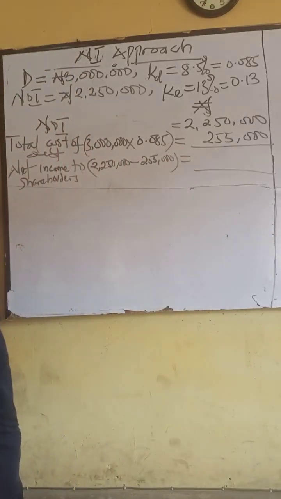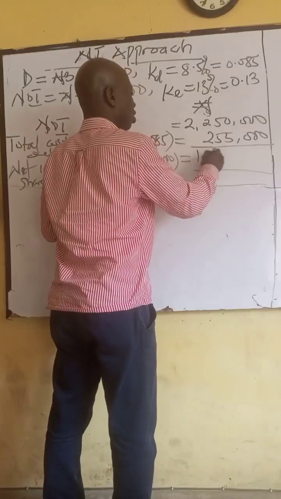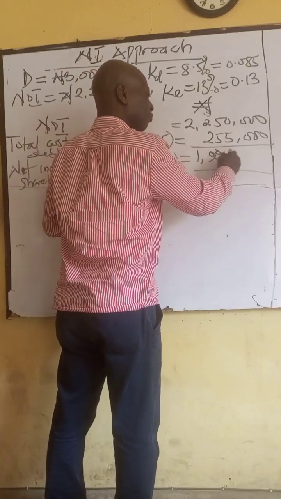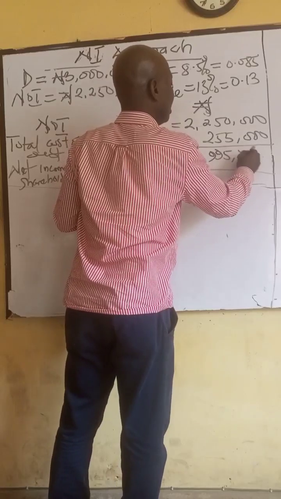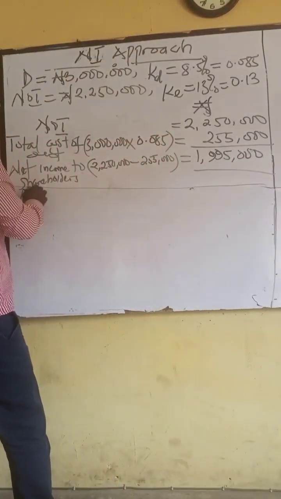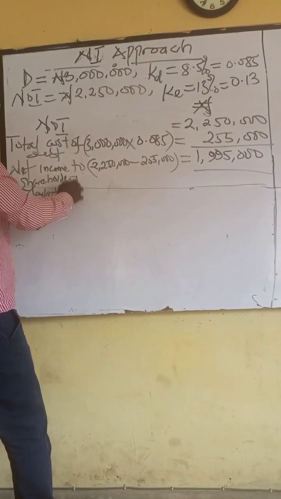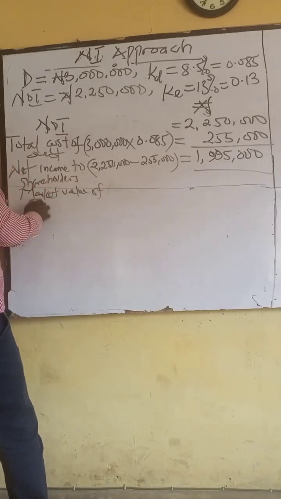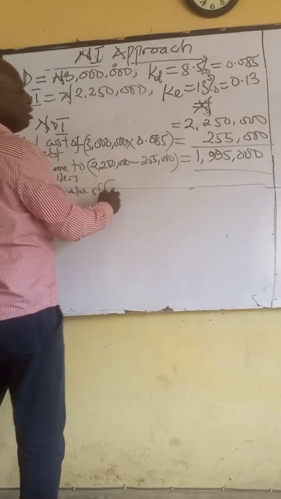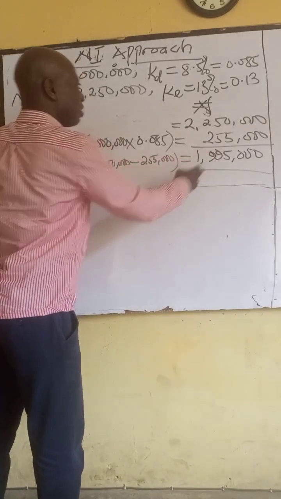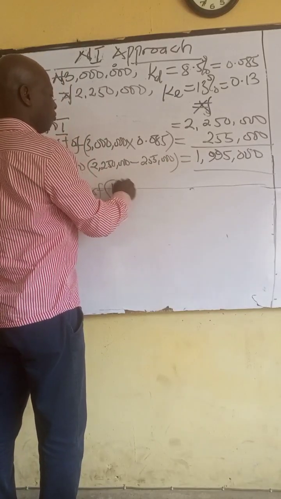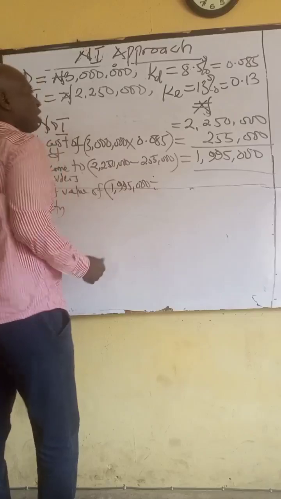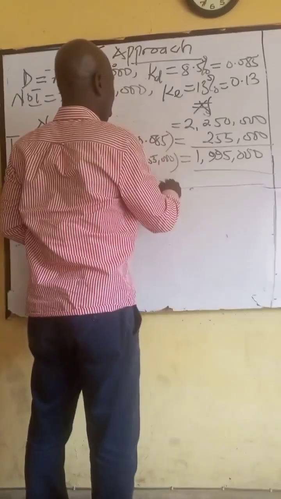We are going to have 1,995,000. So that's what the shareholders will have. Then the next one is to find market value of equity. Market value of equity is to divide what you have in step 3 by the cost of equity. What do you have in step 3? 1,995,000 divided by my cost of equity, 0.13.